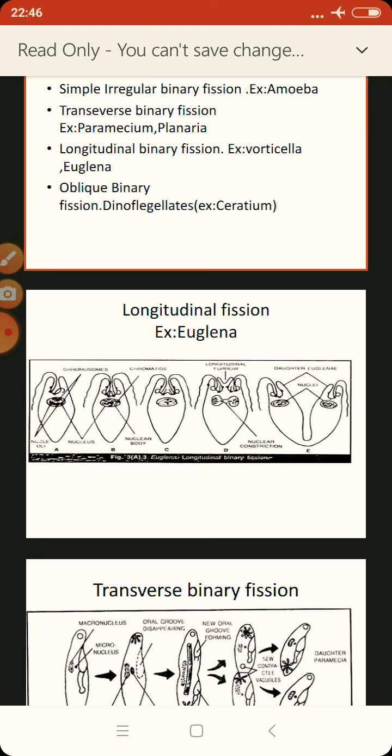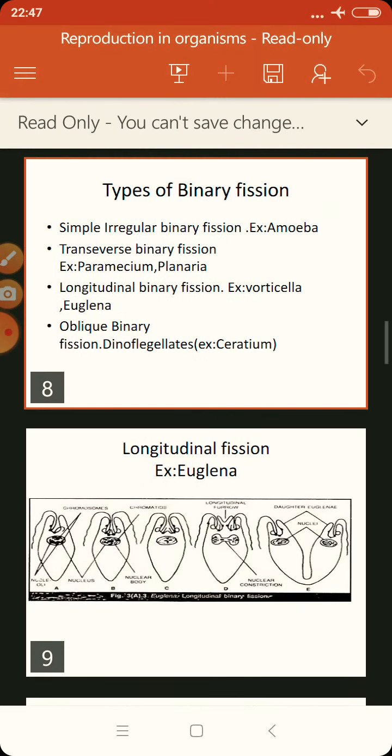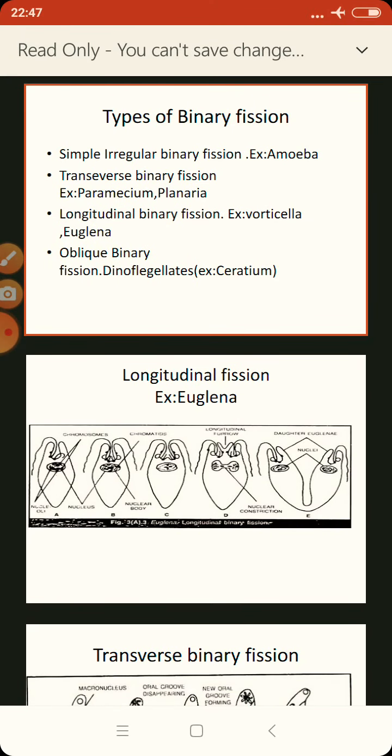I keep on telling you that in this chapter we need to remember all the examples, like which type of division will be taking place in which type of organisms. So when we talk about transverse binary fission, the examples we give here are Paramecium and Planaria.